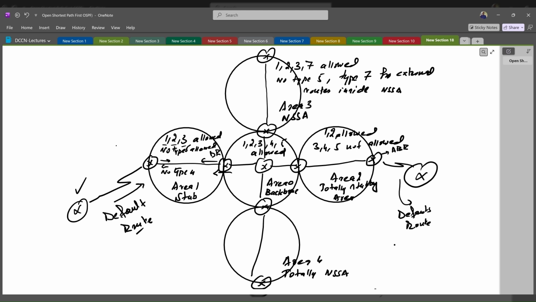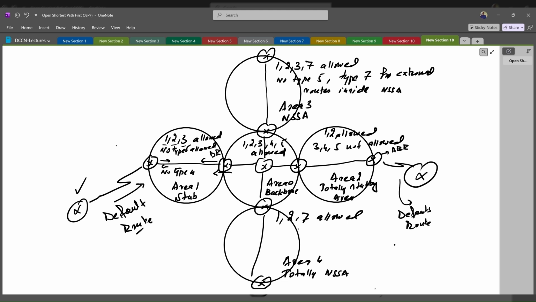This means 1 is allowed, 2 is allowed, 7 is allowed, and others are not. Okay, so you can think of totally not so stubby area as a combination of totally stub area and NSSA, right?